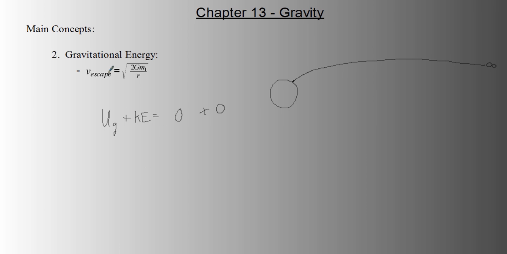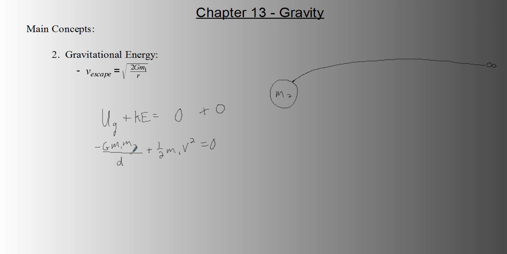We also want speed, so we're not going to use the new form of kinetic energy. We'll just use the old-fashioned one. So this is negative G m1 m2, where m2 is the planet, over d, plus 1/2 m1 v squared equals 0.